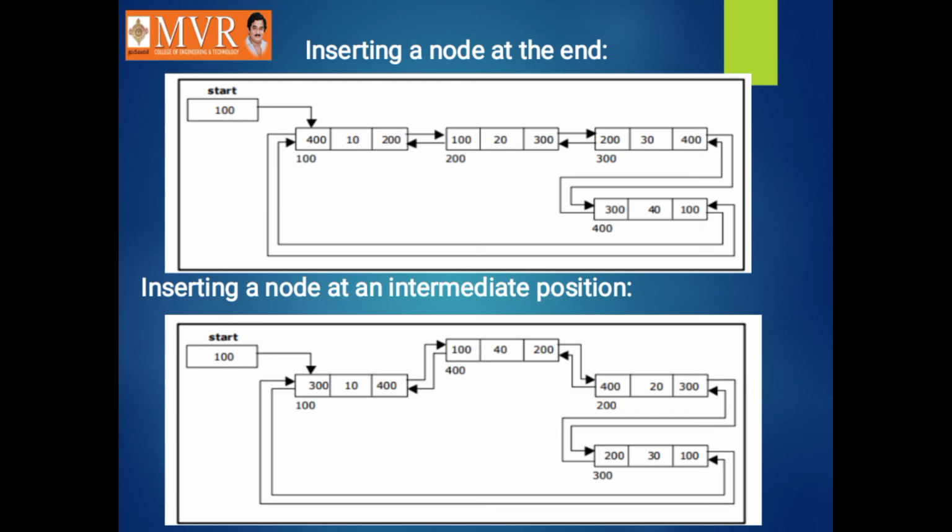If we are given a particular position to insert, then we will insert at that position. Otherwise, we will insert at any arbitrary position or any middle position. We will ask the memory manager for the node. If it is available, he will give it to us. Then we place the node there and establish the connection. These are the cases of insertion in a circular double linked list.